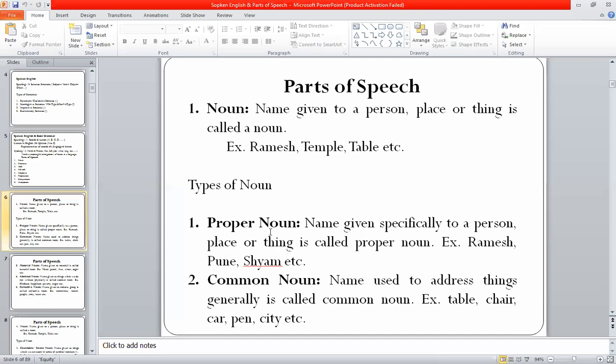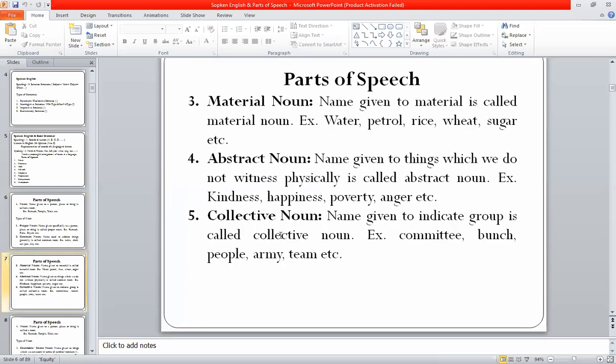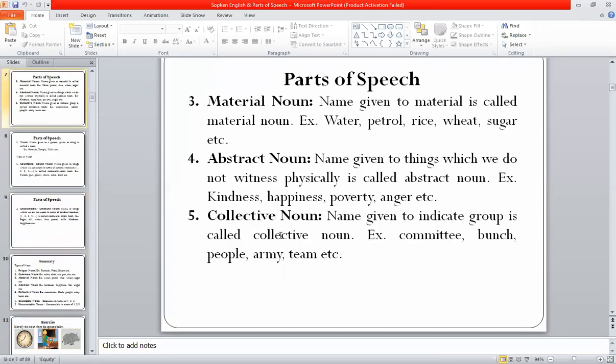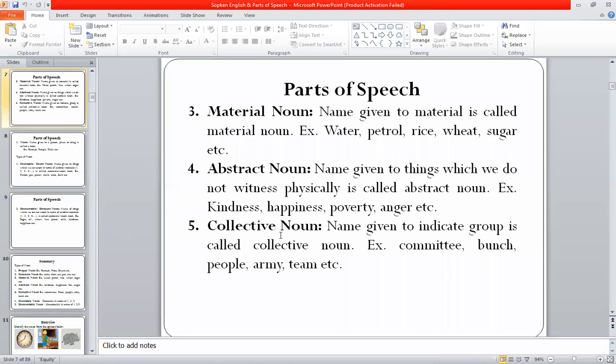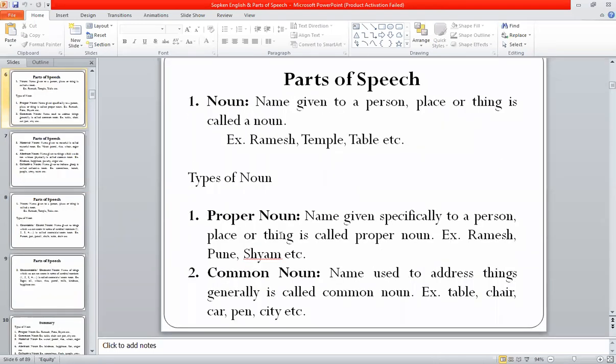Generally we call it with the help of noun. There are also different types of nouns. So let's see how many types of nouns there are, and let's discuss them with the help of examples.